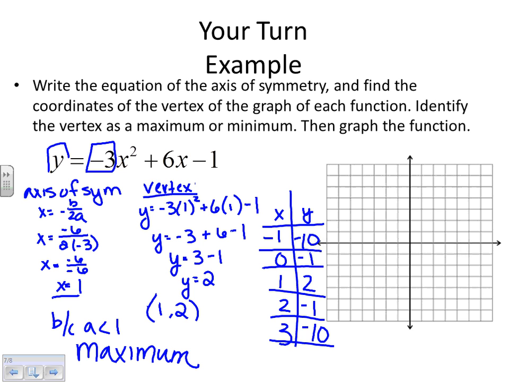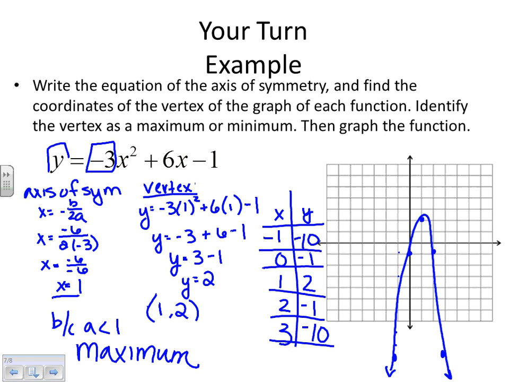-1 to 10, and we got 1, 2, 3, 4, 5, 6, 7, 8, 9, 10. 0, -1, and we're at 1, 2, and we're at 2, -1, and 3, negative 10 down here. And you make a smooth little curve here, a parabola.